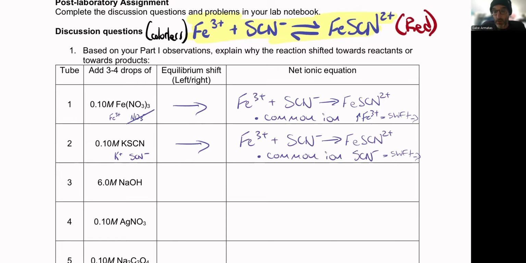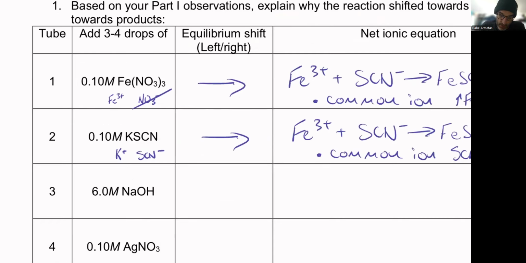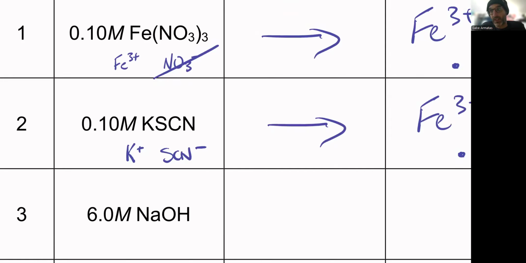And there we go. So also it's going to be a shift to the right. How does potassium affect it? Well, it turns out group 1 is always a strong electrolyte. So anytime you see group 1, you can essentially just ignore it. It's not going to affect it at all.